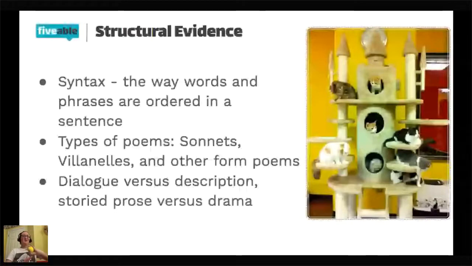So someone who uses polysyndeton and says like, I ate cheeseburgers and I ate hamburger and pizza and macaroni and cheese and kale, and they're listing all that stuff, they may have a childlike tone. Versus someone who uses asyndeton, like I came, I saw, I conquered, is like Caesar, and they're really confident and they're really direct. So that's the way you use syntax to find out tone.